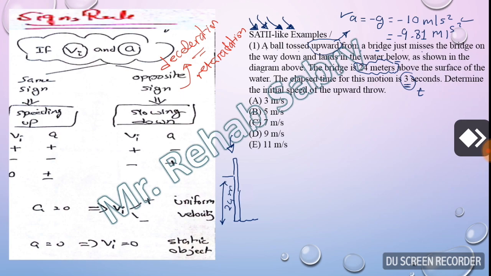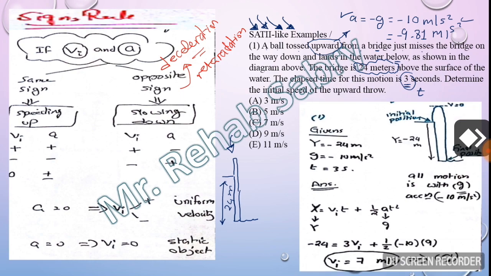It will be a big stupidity if we say that y is 24. Why, mister? Because this is neglecting the direction. It doesn't pay attention to the fact that the motion is moving downward. So let's see.